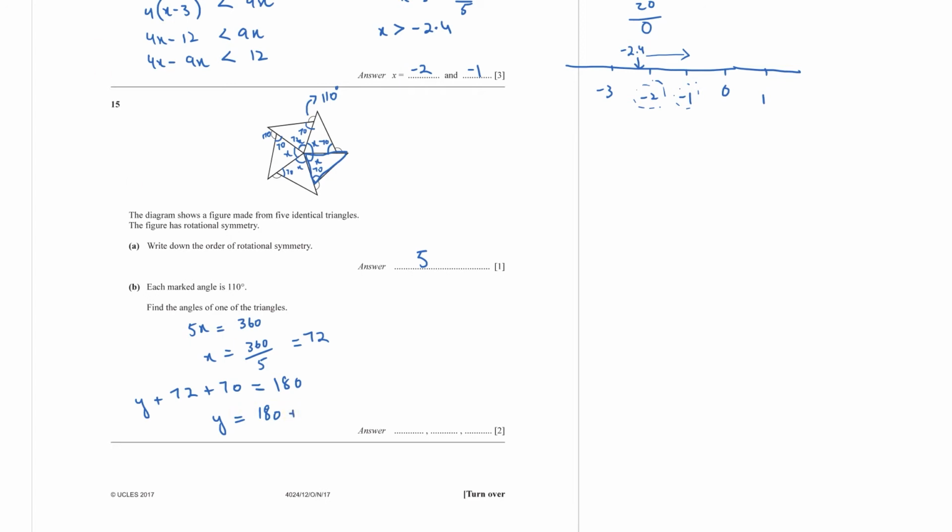So this would be 180 minus 142, which is 38 degrees. So your three angles are 70 degrees, 72 degrees, and 38 degrees.